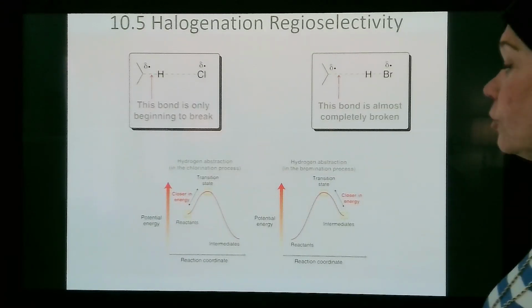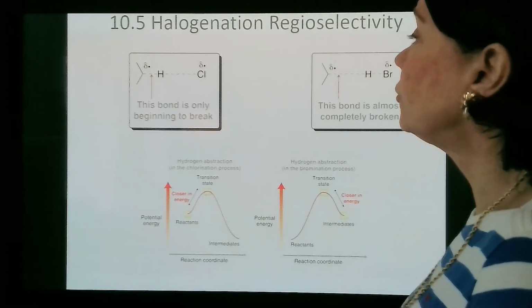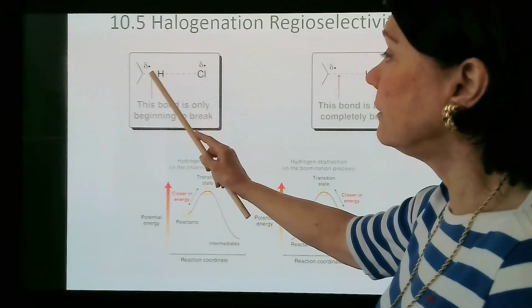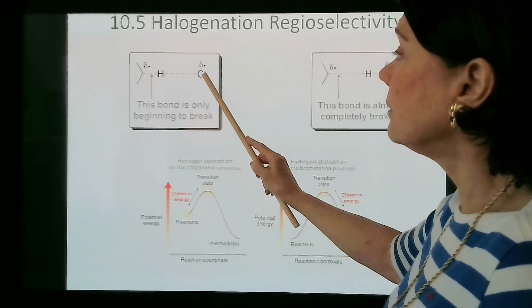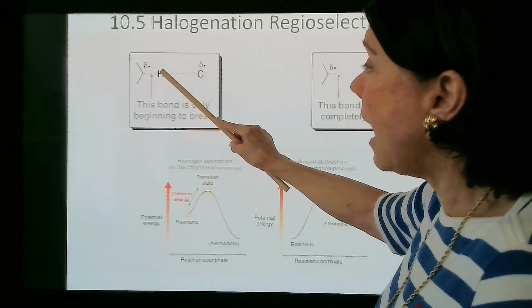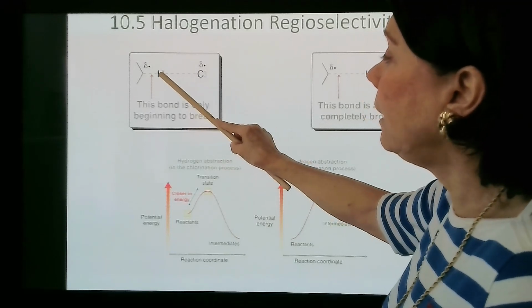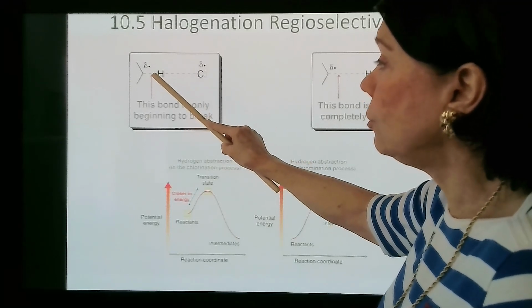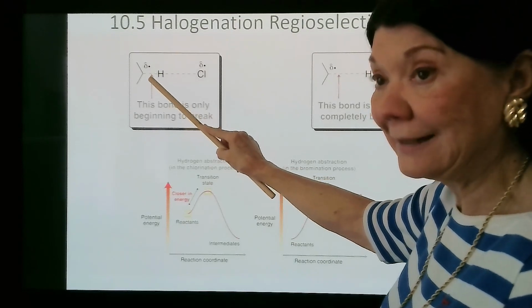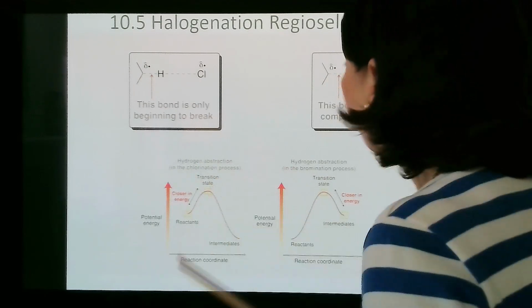So here's another diagram pointing that out. When the reactant comes in, Cl dot is coming in and abstracting H dot, so it will be much closer to the reactants structurally. So this bond will still be predominantly formed.